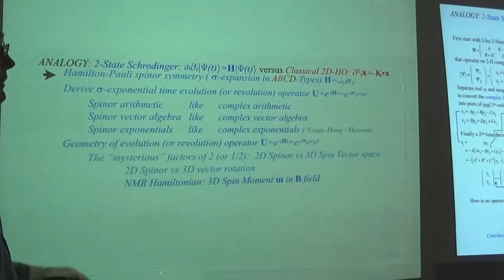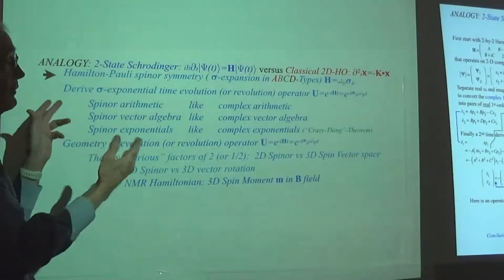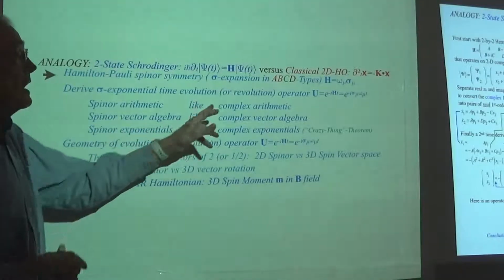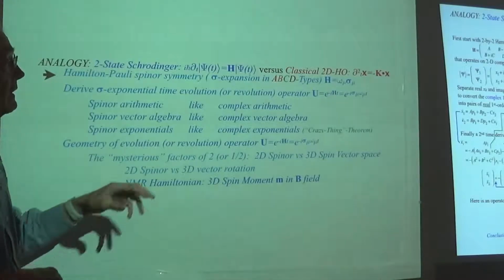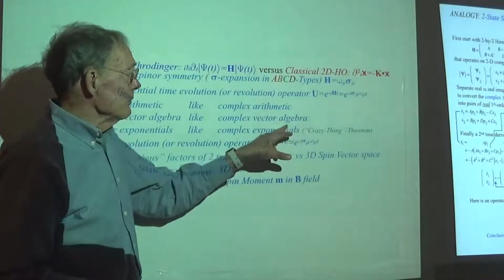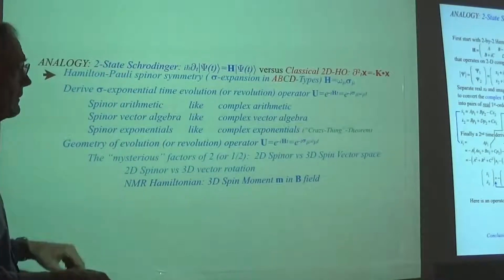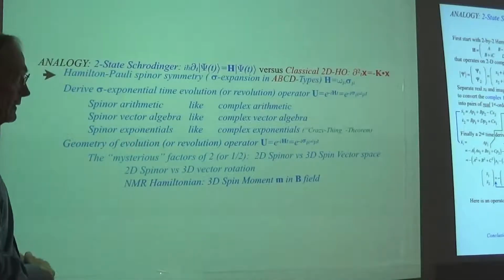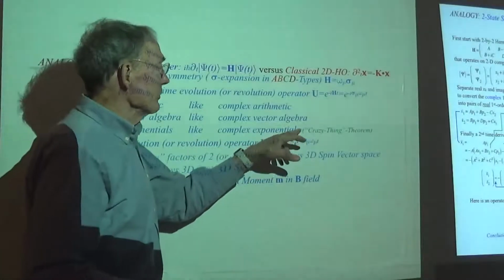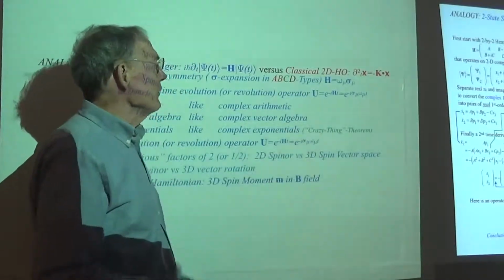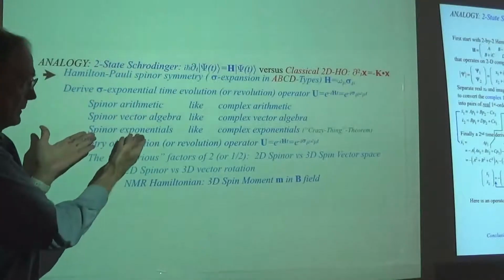And then to do that, we're going to be generalizing complex arithmetic to what I call spinor arithmetic, to complex vector algebra. Remember how we show the cross product and the dot product? Spinor vector algebra is very much like that. And then finally the exponential, the thing we really need here, which I call the crazy thing theorem, spinor exponentials.